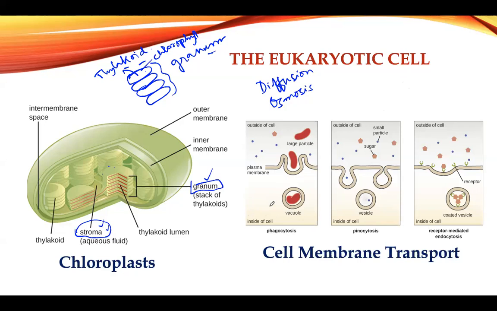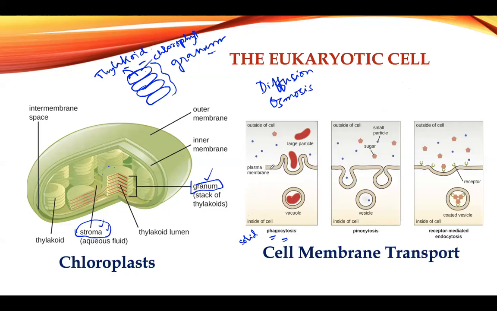Okay, when they actually transport large particles from outside to inside or inside to outside, that process is called phagocytosis. Okay, so phago means solid particles. So when they transport any large solid particles, that's called phagocytosis.